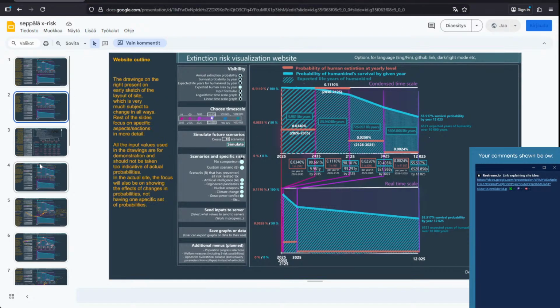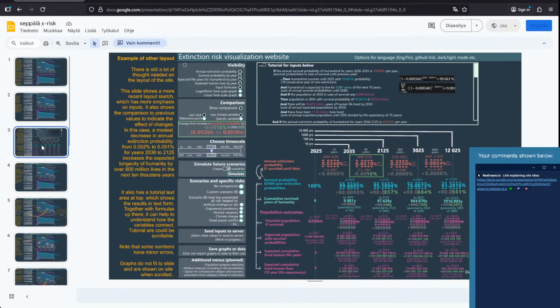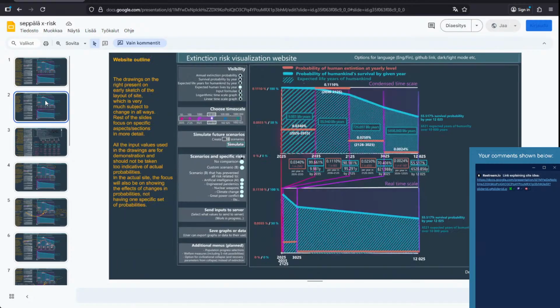So I have had two different layout concepts, and now I'm thinking about a third one that I'm gonna be planning on this stream.